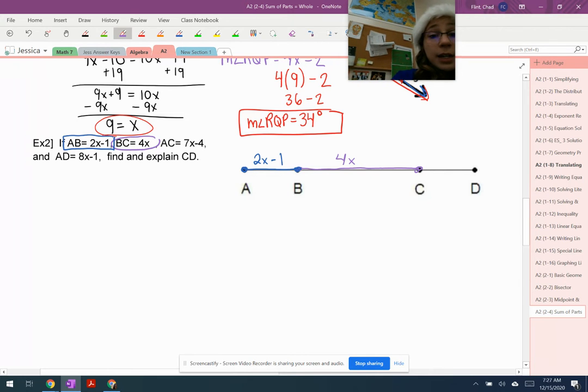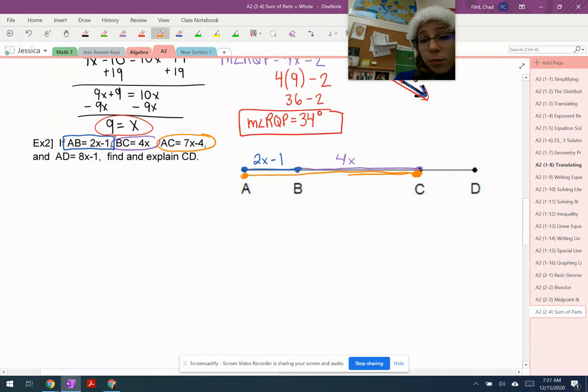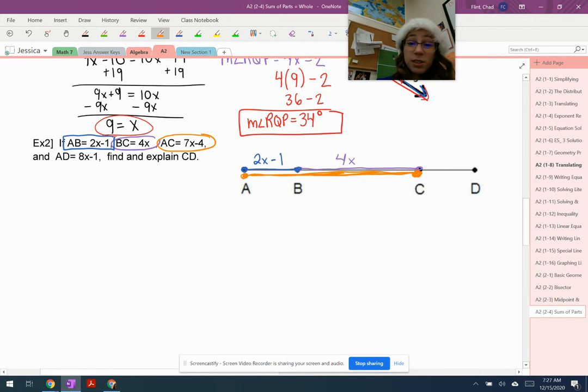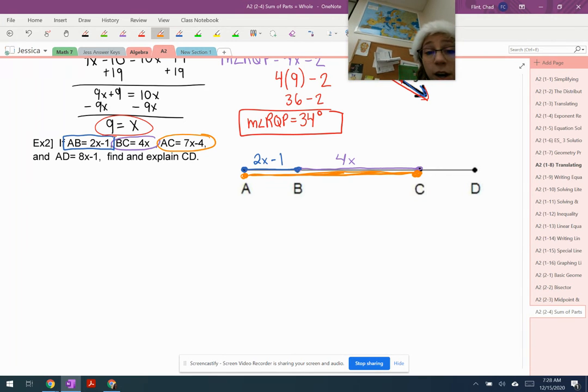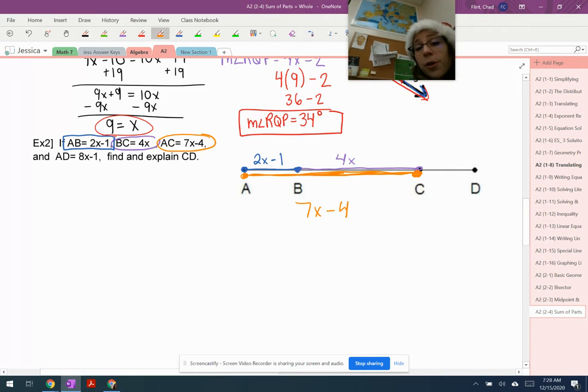And AC, let's go orange. AC would be from here all the way to here. Notice how I'm not writing directly on my other purple and blue line. I'm just writing underneath it so I can get that distance. That entire AC is 7x minus 4.